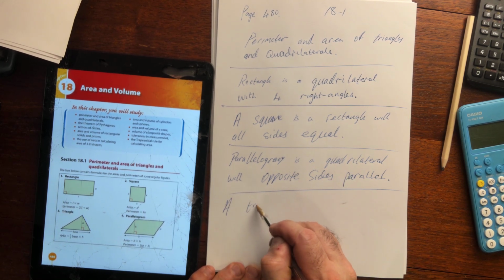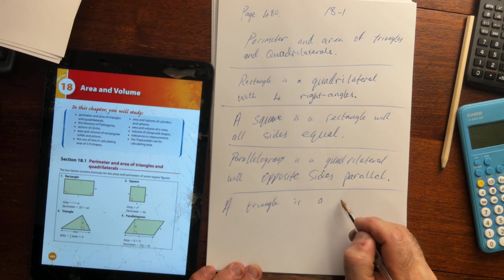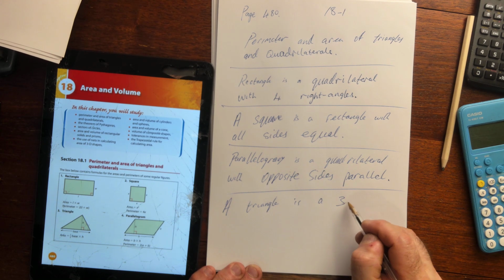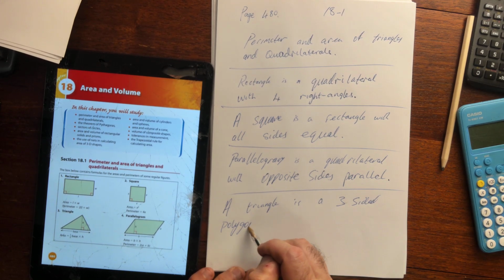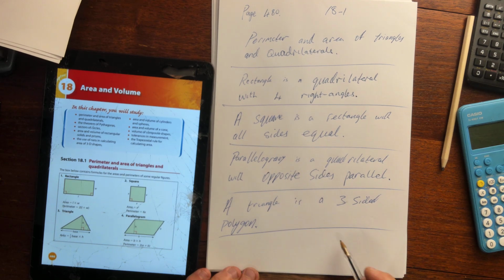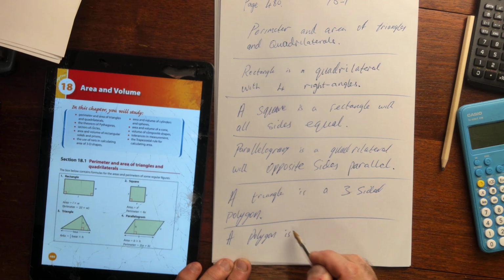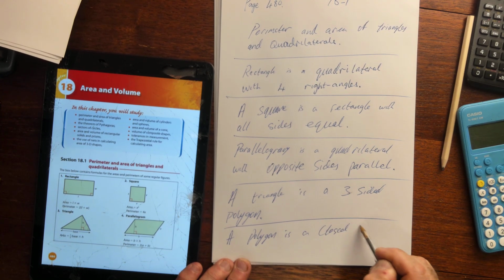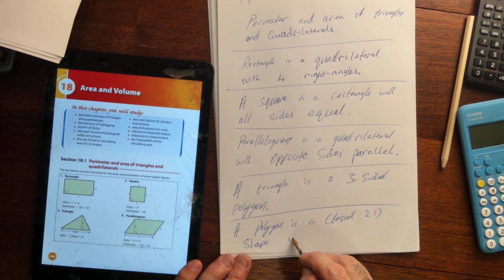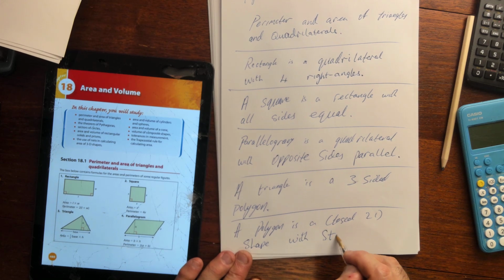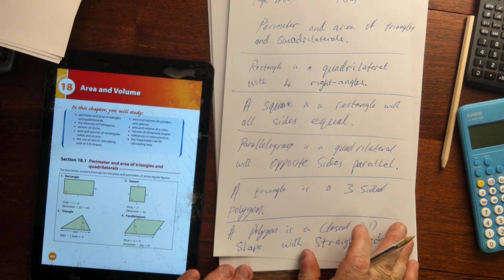A triangle is a three-sided polygon. A polygon is a closed 2D shape with straight edges. Right, so we know what we're talking about.